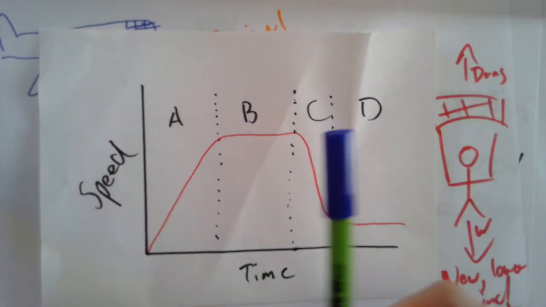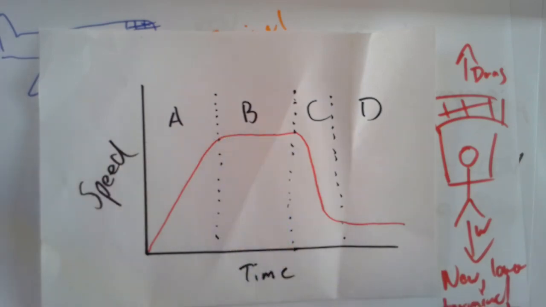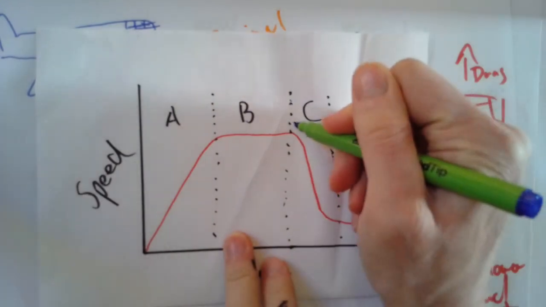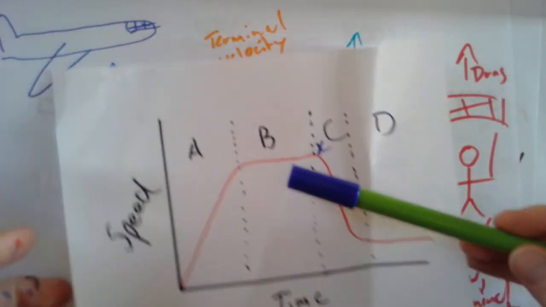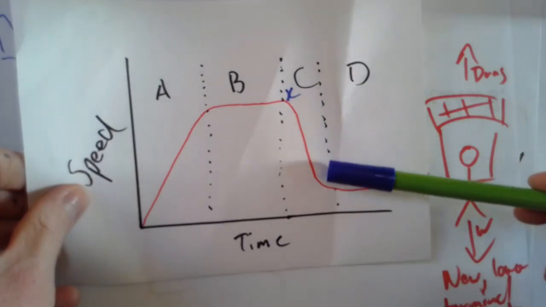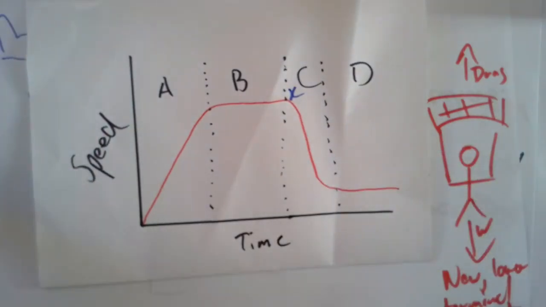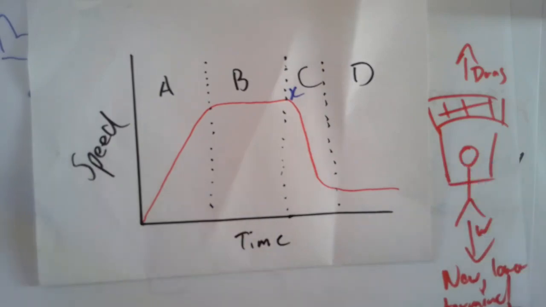All forces are balanced, and my parachutist would stay at this speed forever, except for the fact that over here at point X, they open their parachute, and so drag increases dramatically, weight stays where it is, and they slow down. As they slow down, air resistance gets less, and those forces balance out again until a new lower terminal velocity is established.